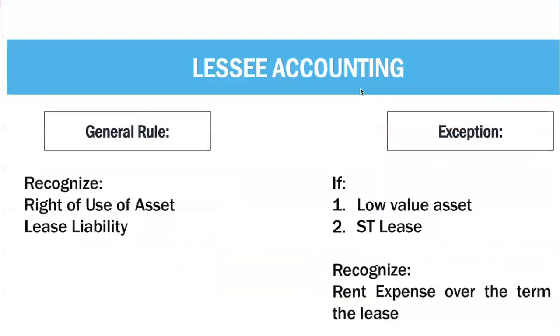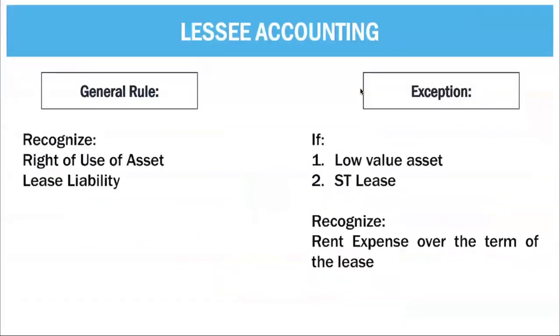So lessee accounting. The general rule is we use your finance lease. When you say we use your finance lease, we need to recognize an asset. So what is the asset recognized? The asset recognized is right of use asset, and then lease liability.